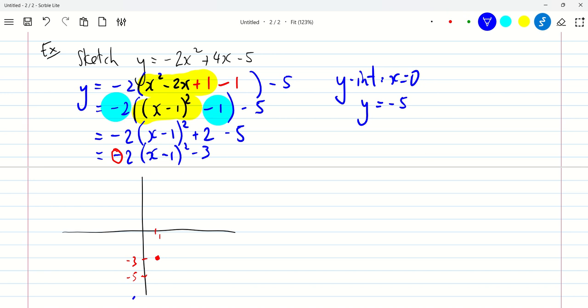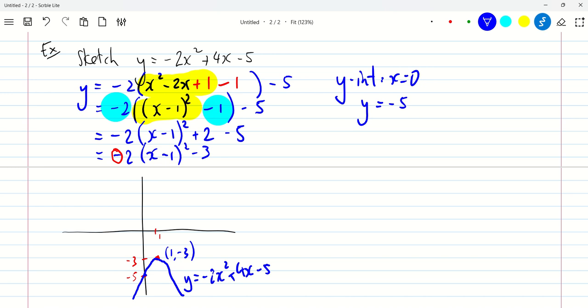I'm going to put it on, so it comes up like that, goes down like that. And so that's my graph of y equals -2x squared plus 4x minus 5. Very messy, sorry. I've labeled my y-intercept. I should label my turning point there as well: 1, -3.